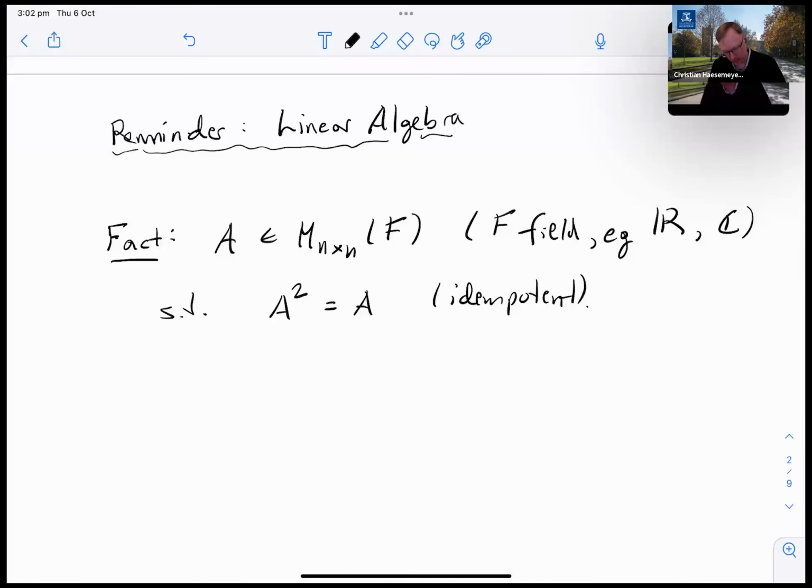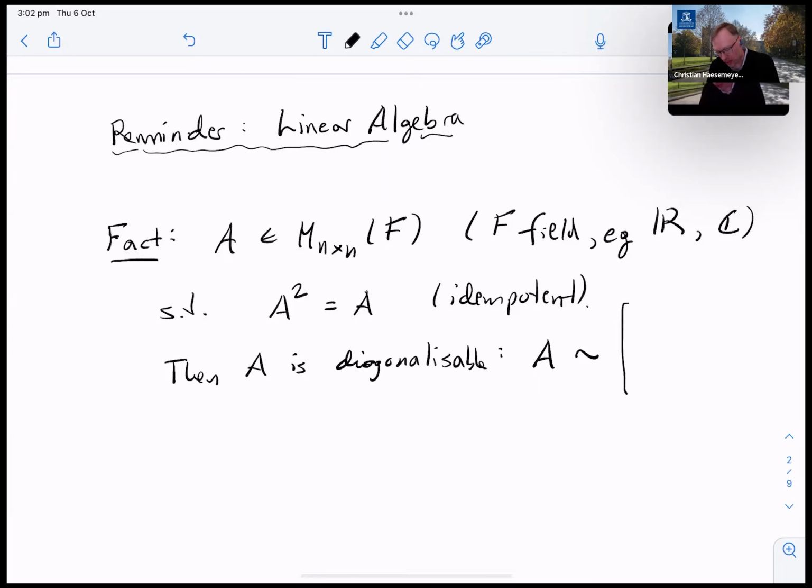Then A is diagonalizable. And in fact, it will be conjugate to a block matrix of the following form. There's going to be an identity matrix, an R by R identity matrix, where R is the rank of A, and everything else is going to be 0.